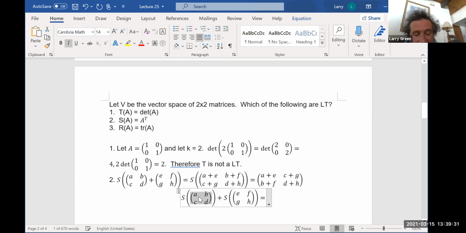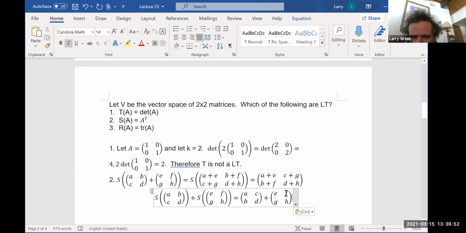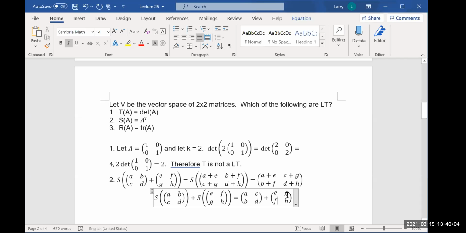S takes the transpose, right? So ABCD becomes ACBD, and EFGH becomes EGFH. What happens when you add those matrices? You get the same. Yeah.